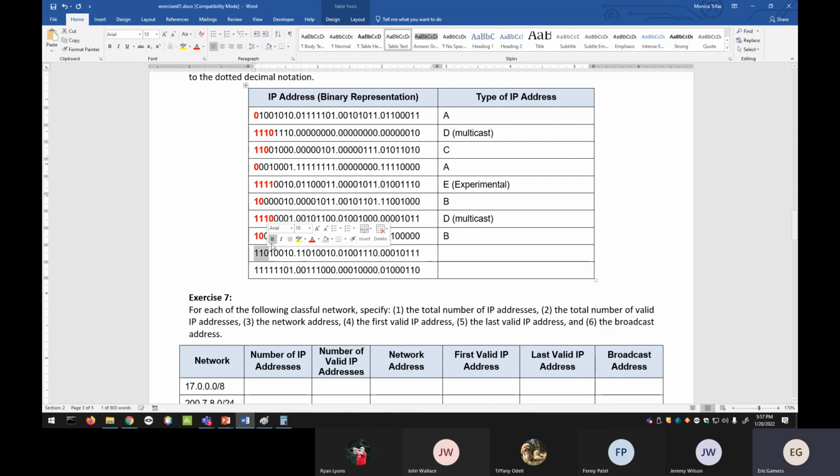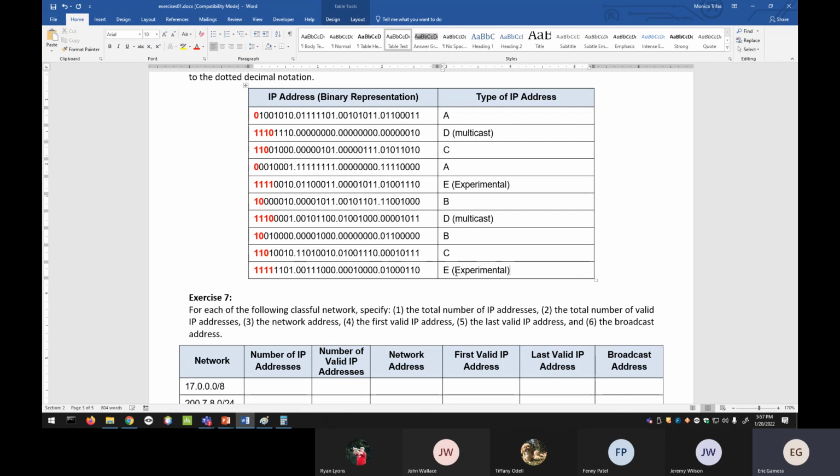C. Of course, the first byte has to be between 192 and 223. And the last one is E, experimental. The last one is class E.